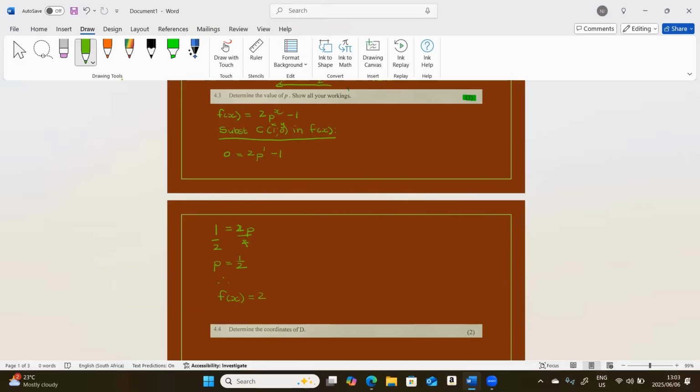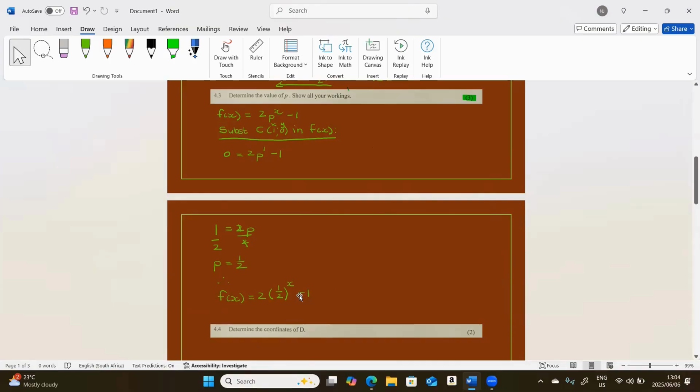And then we are going to replace p with its value, which is a half, to the power of x, and then minus 1. So please remember that going forward, this is now the final equation for the function.